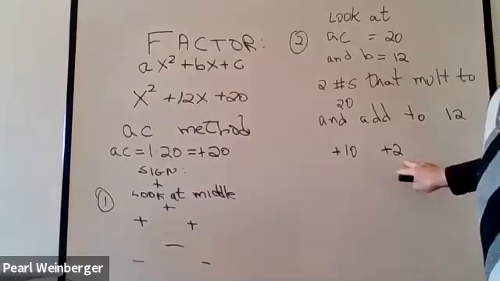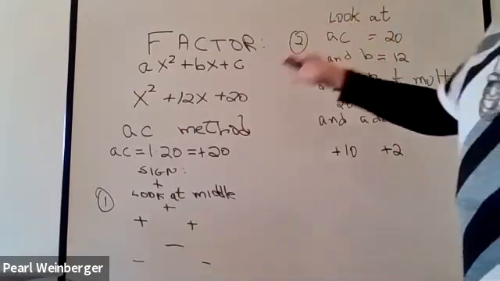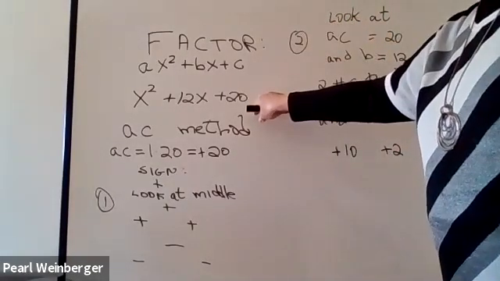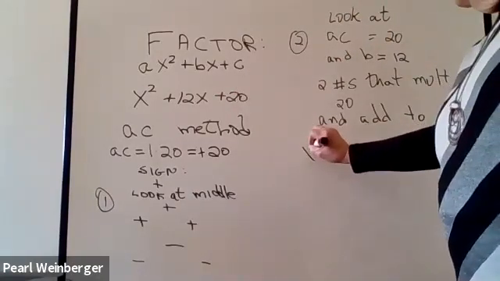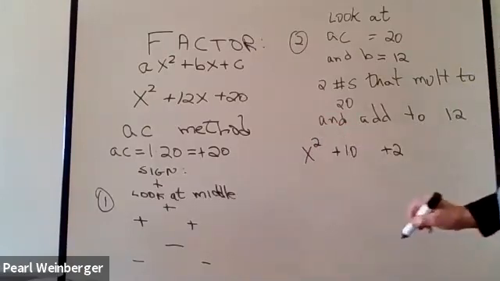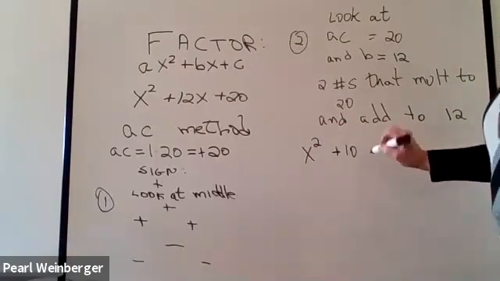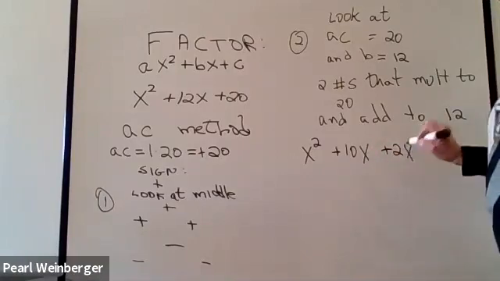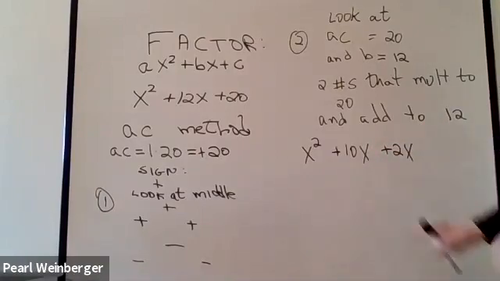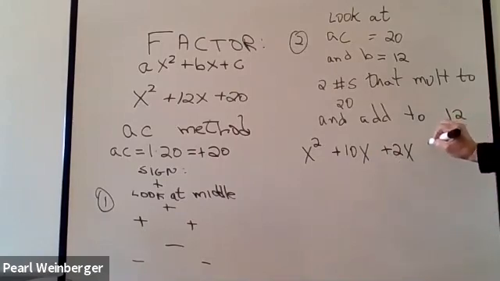Again, we found that to be 10 and 2. And then we rewrite our trinomial, leaving the first term alone, leaving it x squared, putting a 10x here, putting an x next to this, putting an x next to this, and leaving the third term alone.